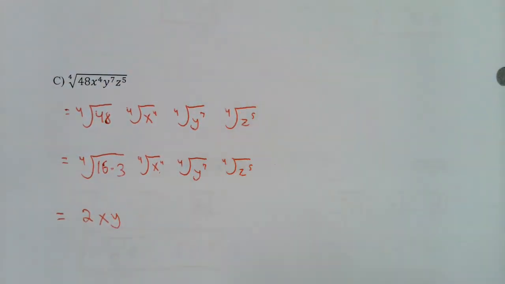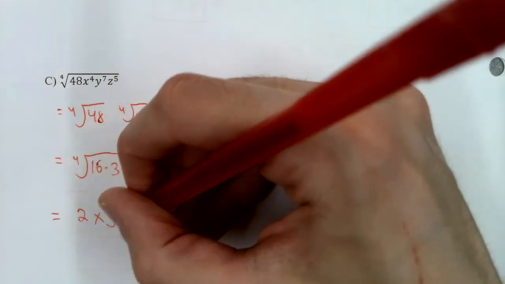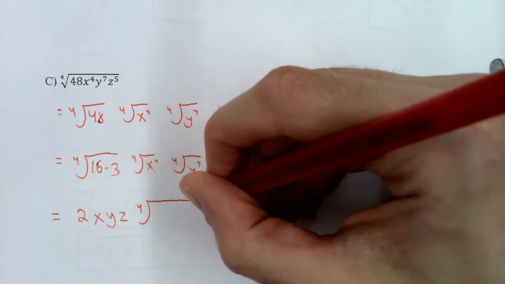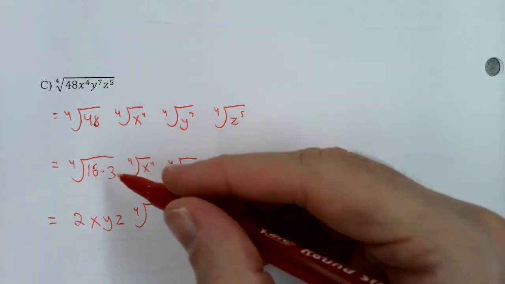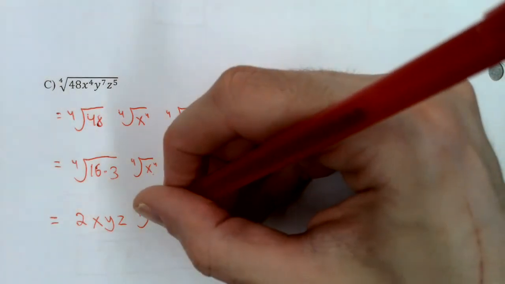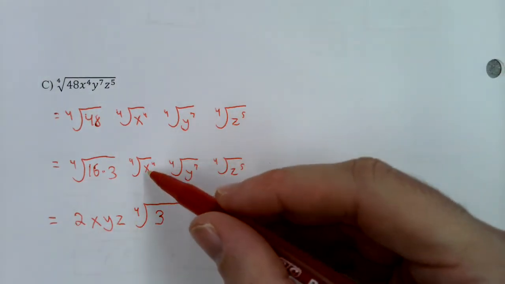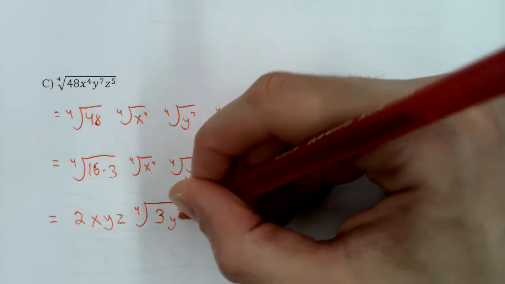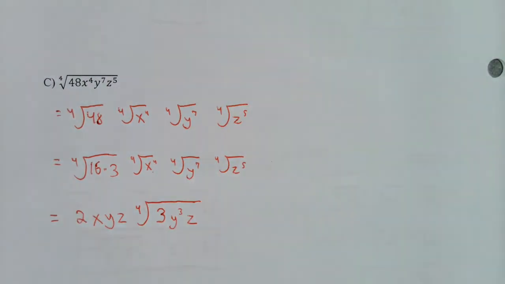How many groups of 4 can you make if you have 5 z's? 1 group. Everything left over stays under the radicand. In this case, we have the 3 left over because we took out the 16, we made it 2. We have no x's left over. We took out 4 y's, so there's 3 y's left over. And there's one z left over.